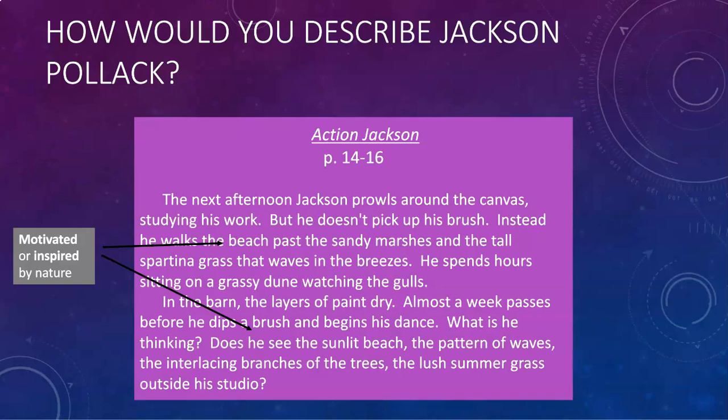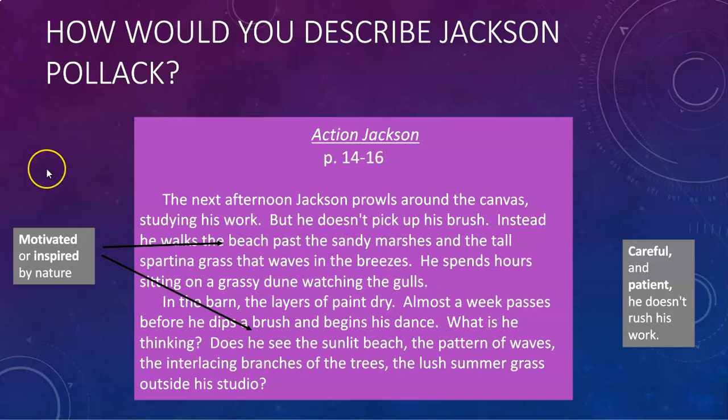Let's look again. I bet he is careful and patient and that he doesn't rush his work. Now, that sentence doesn't appear on our screen, so what makes us think that? Let's look at that text evidence. It says that he doesn't pick up his brush, even though he's standing right next to the painting. And it says that almost a week passes before he dips a brush and begins his dance.